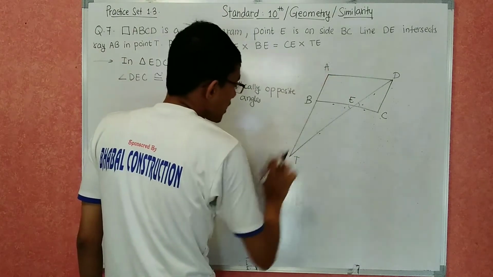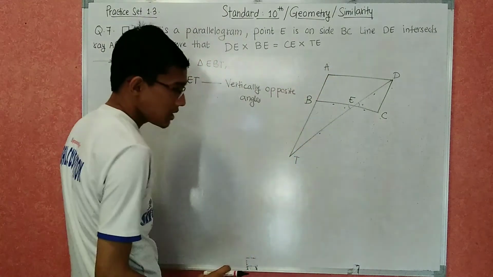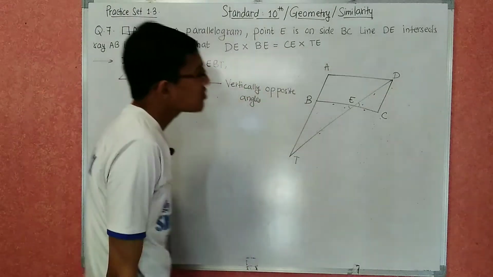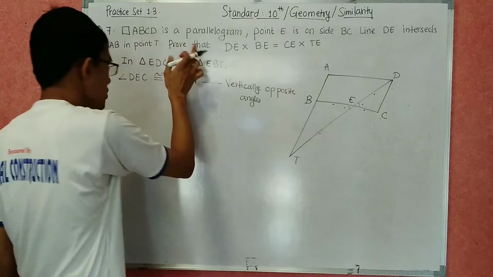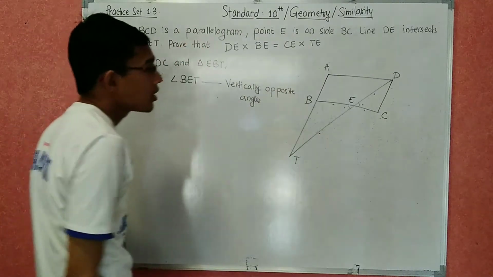Now I will take AT and DC parallel. As we know that this particular line AB and DC are parallel, as these are the opposite sides of a parallelogram.